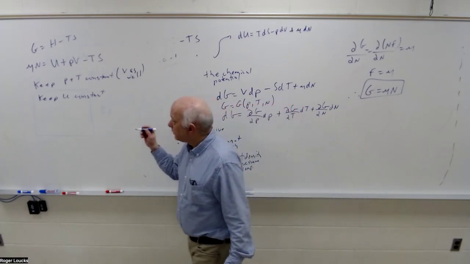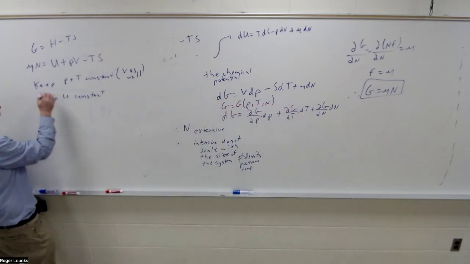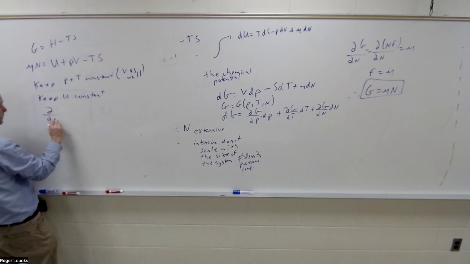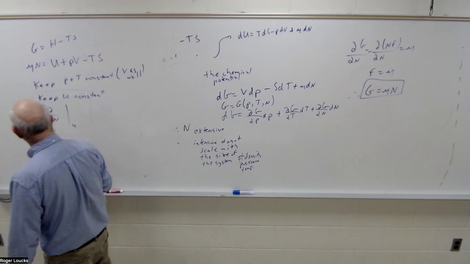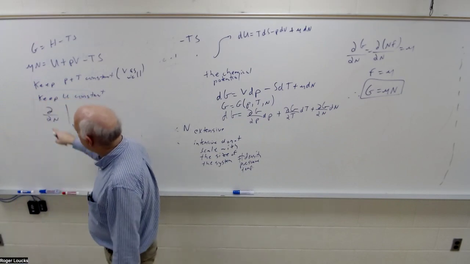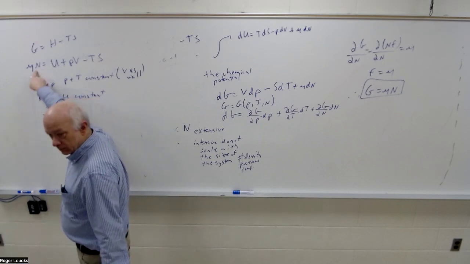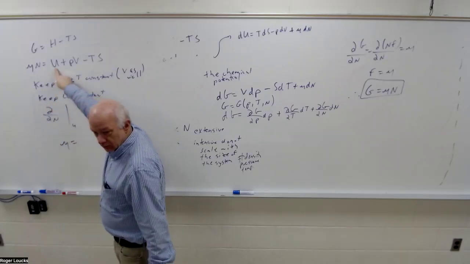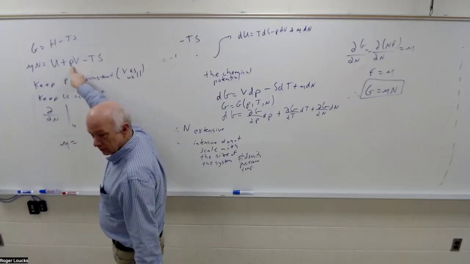So if we do that, what did we do? I can then take the partial of this with respect to N, keeping U constant. And what did that give us? That gives us on this side mu dN. This term is 0. This term is 0.